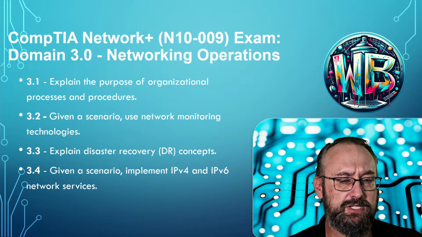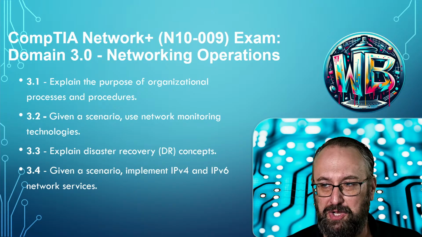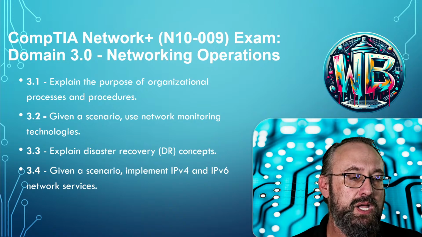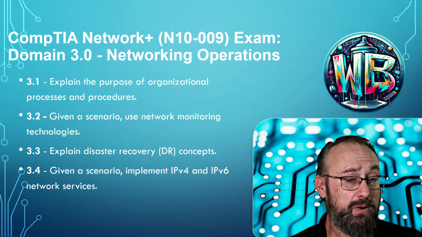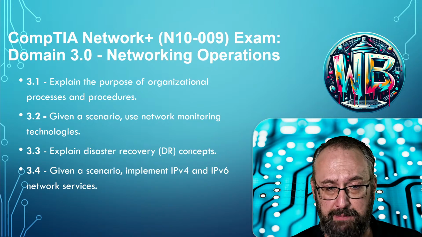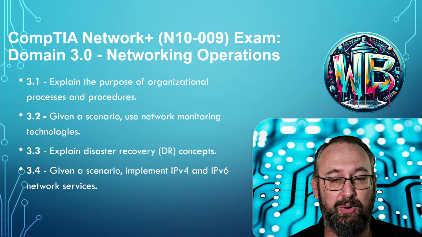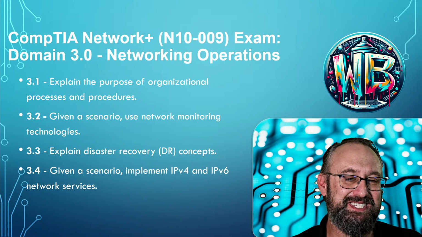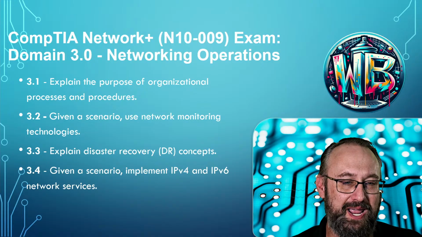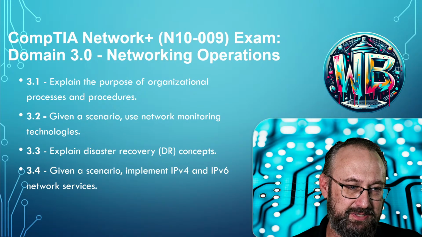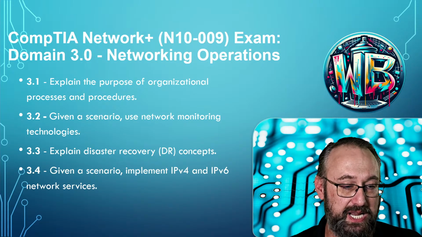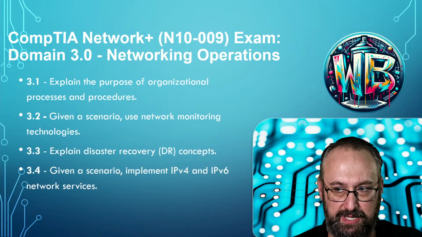And then DNS, very important. So you'll see the two major things in this objective. 3.4 should be, given a scenario, implement DNS and DHCP. So let's take the jargon out of that one real quick. It says implement IPv4 and IPv6, but it's actually implement DHCP and DNS.